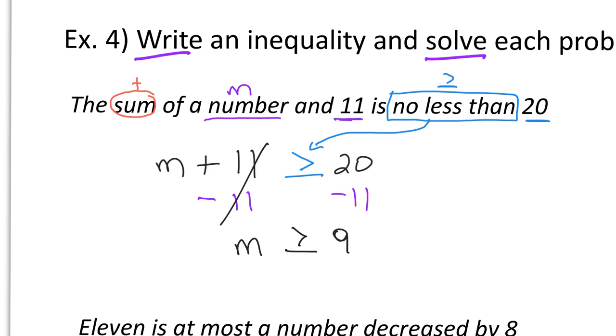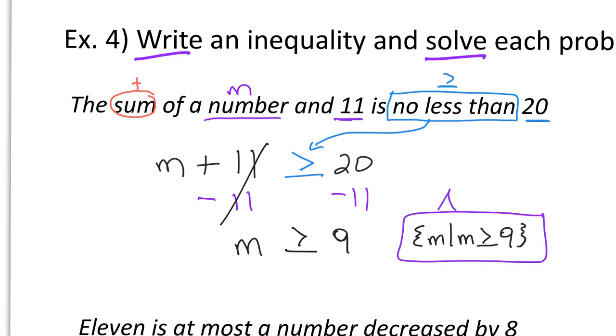The set notation will be m such that m is greater than or equal to 9. So this is our answer, our set notation. We translated that sentence into an inequality, and we got the answer.